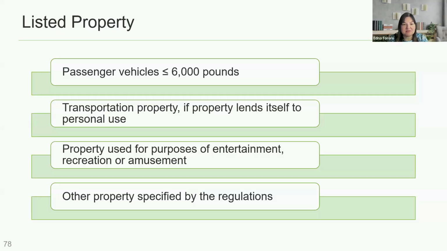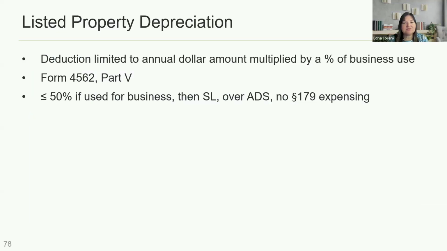And again, you're using it mostly for business, but it does have a position of being able to use for personal use. So we're looking for more than 50%. And then the rest of the time it might be used for personal reasons. So we've got to make sure that we know that amount that's being used for either. So listed property depreciation is going to be limited to the annual dollar amount applied by the percentage of business use.